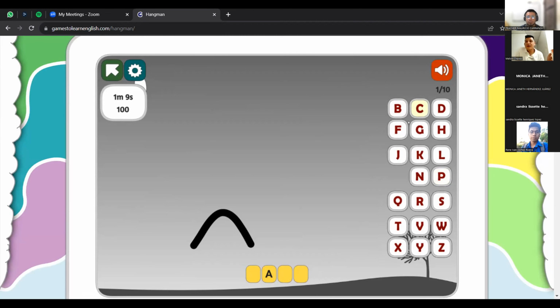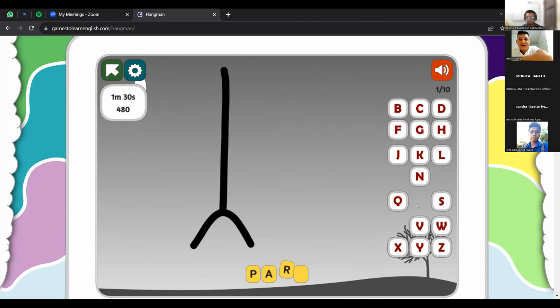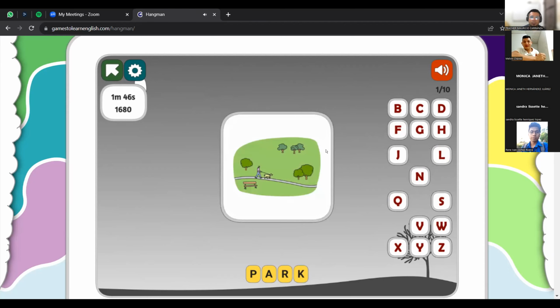B. P, we have the letter P. Letter T, tomato, no. R. Letter R, yes. Park. Is it park? Yes, it is. Park. Good, very good.